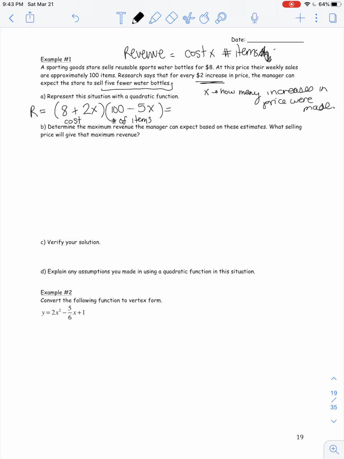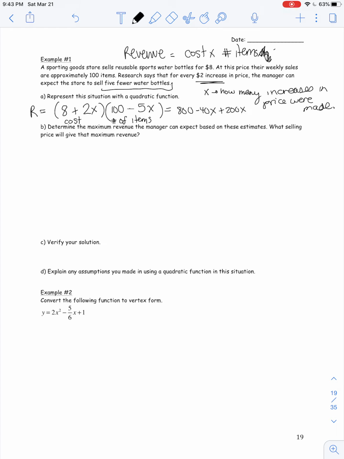Now, to get the quadratic function, I'm going to put this into standard form. So I'm going to do FOIL. 8 times 100 is 800. And then we have our outside terms, minus 40x, plus our middle, which is plus 200x.